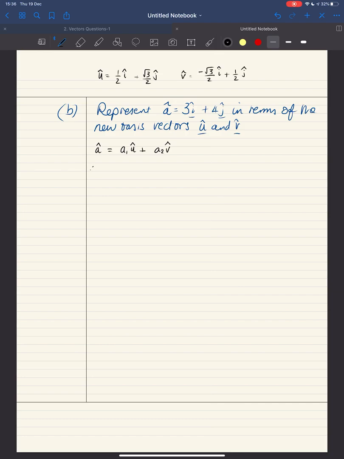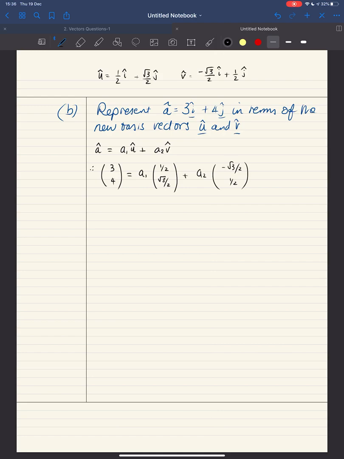Okay, so we can say therefore 3, 4 is a1 times 1/2, root 3 over 2, plus a2 times minus root 3 over 2 and 1/2 there.